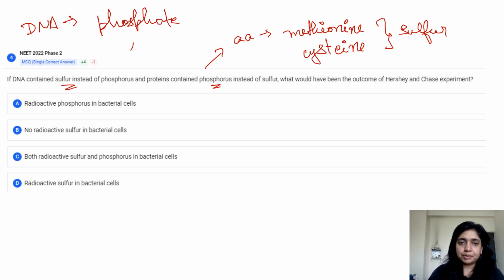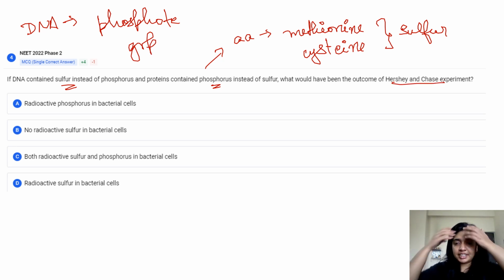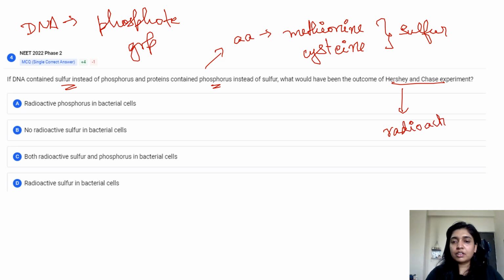In the Hershey and Chase experiment, they used a bacteriophage and tried to see what material the bacteriophage was transmitting inside the bacteria. Hershey and Chase found out that it was the DNA, because they used radioactive phosphorus.